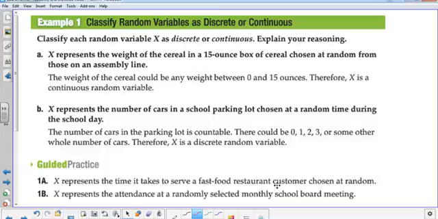Continuous, right? Time, weight, height, temperature, generally continuous. Okay. X represents the attendance at a school board meeting. Well, they can be people with half a brain. We generally count them as whole number of people, right? Okay, so that is discrete.